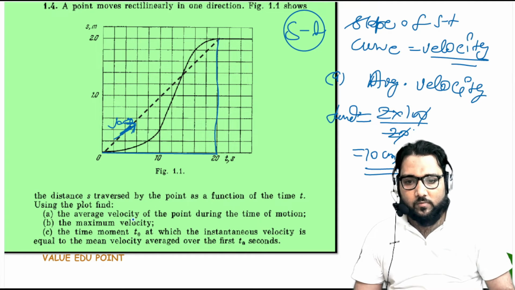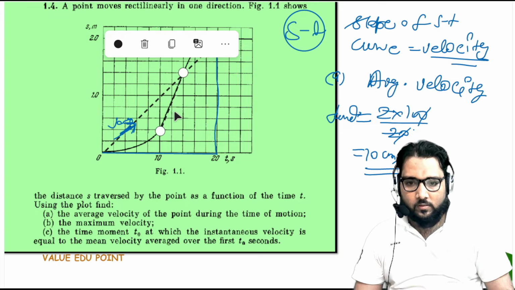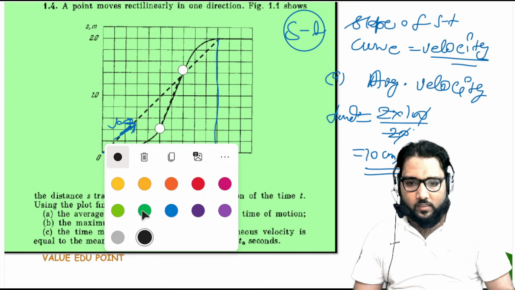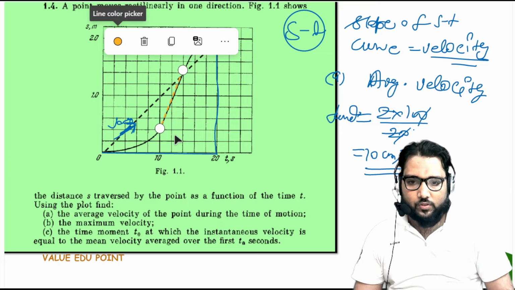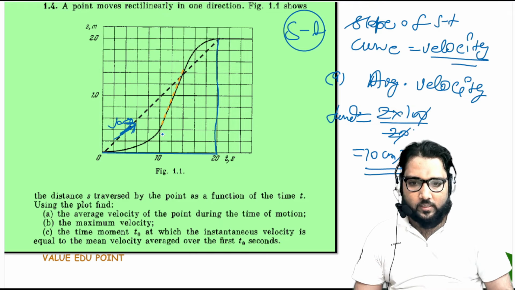The next question is asking the maximum velocity. So now, very slowly with maximum. Look at this portion. If I change the color, you can clearly see that in this portion the velocity is maximum, the velocity is constant and also maximum.